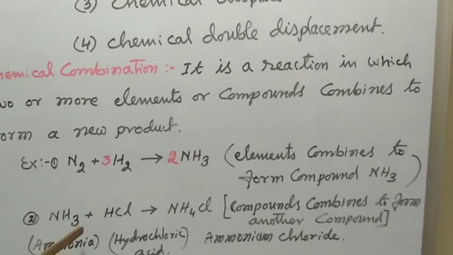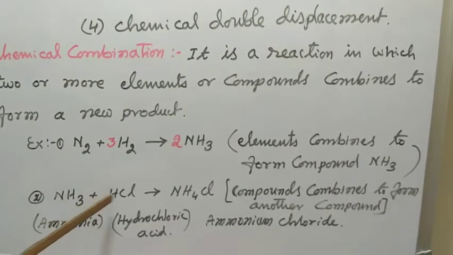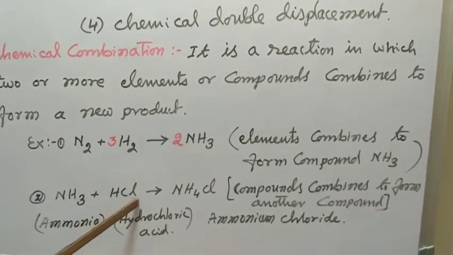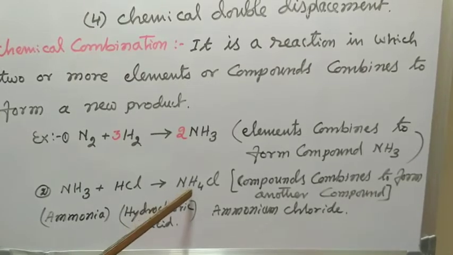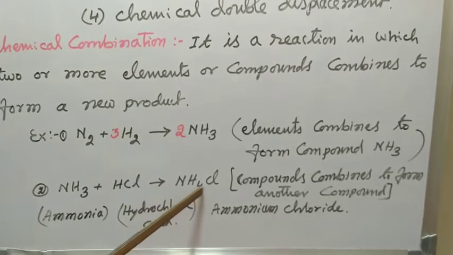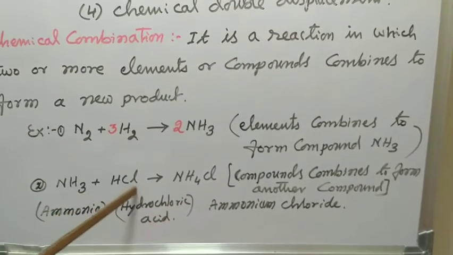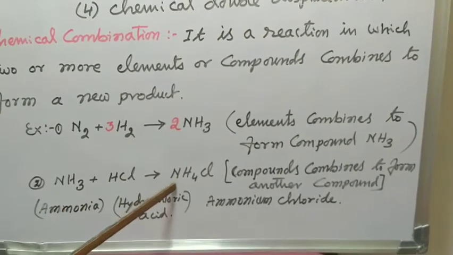Let us take another example. Ammonia plus hydrogen chloride, NH3 plus HCl, combines to form ammonium chloride, NH4Cl. So both compounds combine to form another compound.